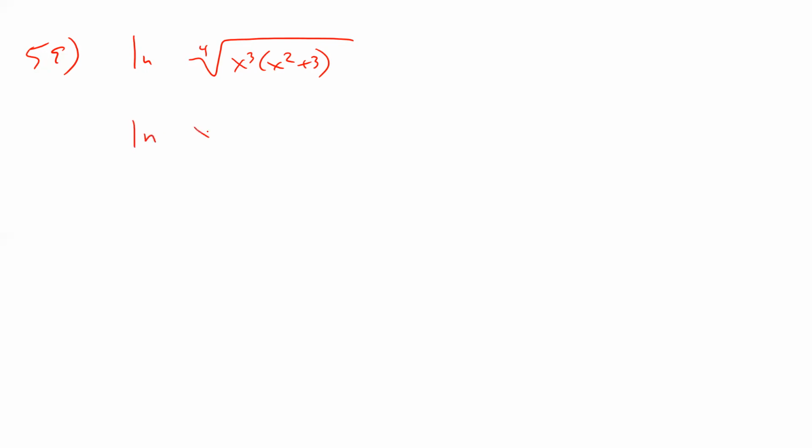So first things first, you can put brackets if you like. Oh, I'm missing a parenthesis here. Sorry. Let's use a small parenthesis and a bigger parenthesis. Okay, that little 1/4 is a little problem here. Let's bring it out in front. 1/4 ln of all this good stuff here.